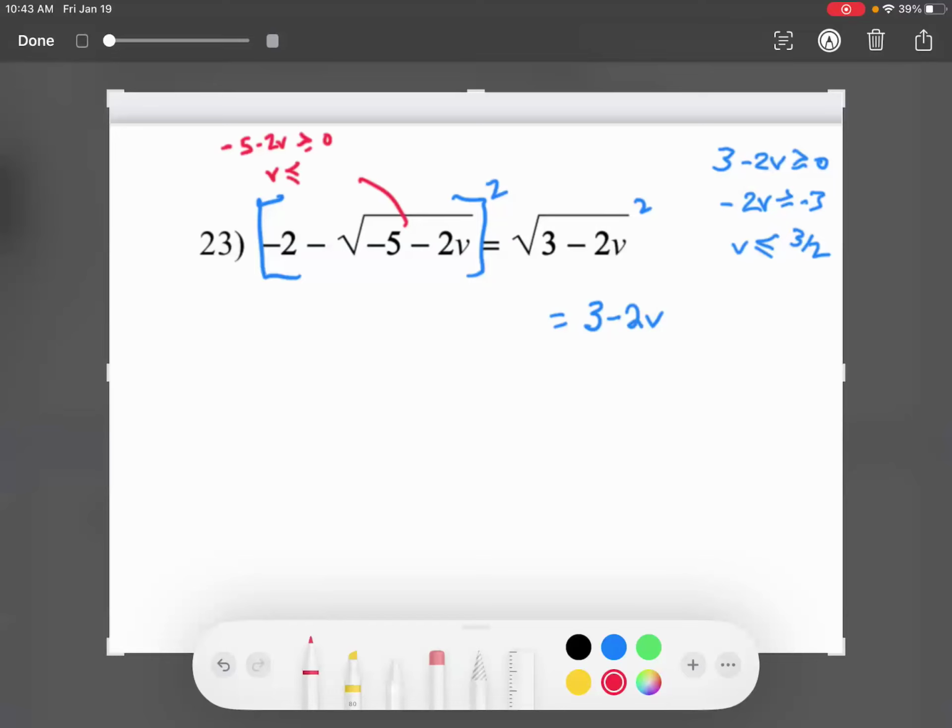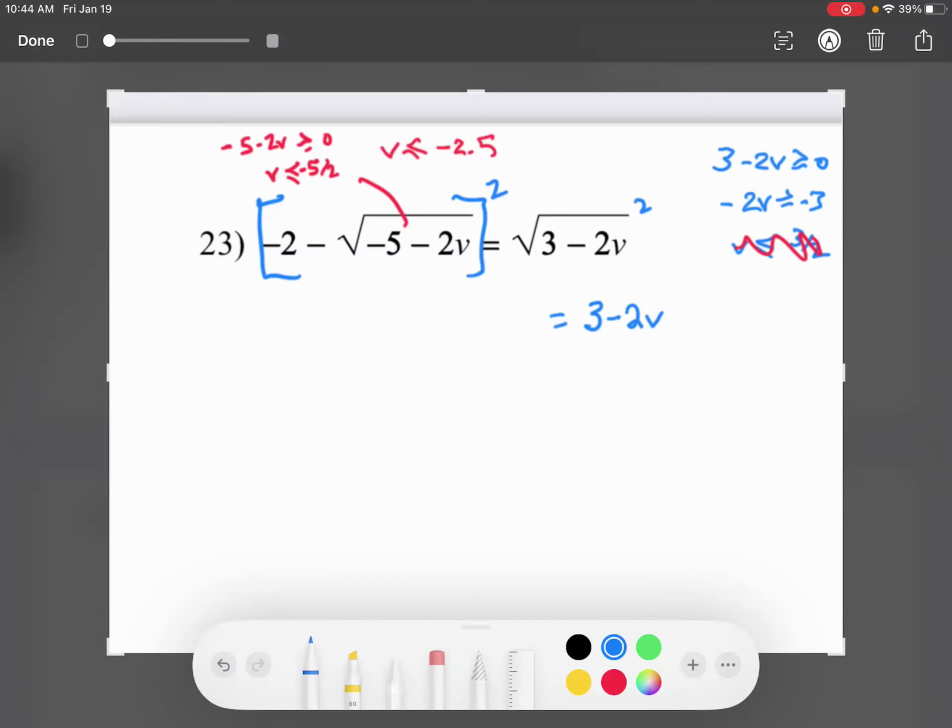V has to be less than or equal to -5/2. Sorry, you probably already knew that. If it's less than -5/2, it's got to be less than 3/2. So I don't care about this one, I care about this one. V less than or equal to -2.5. Make sure all my answers do that.